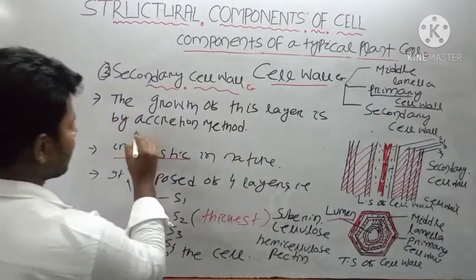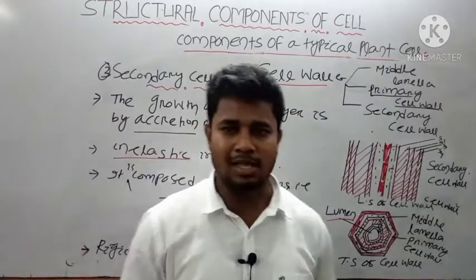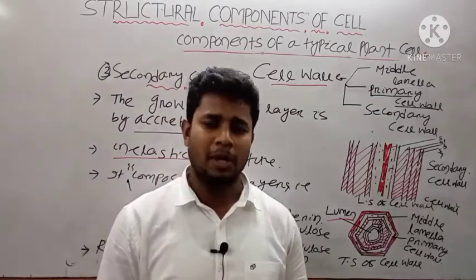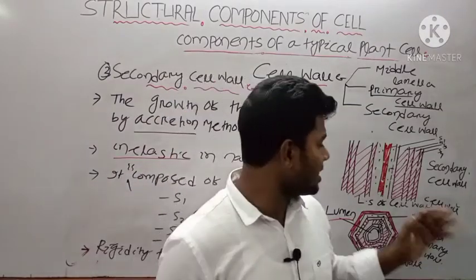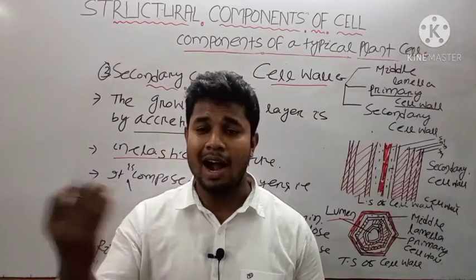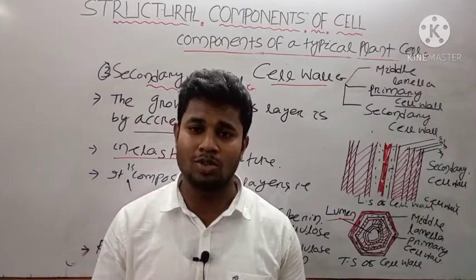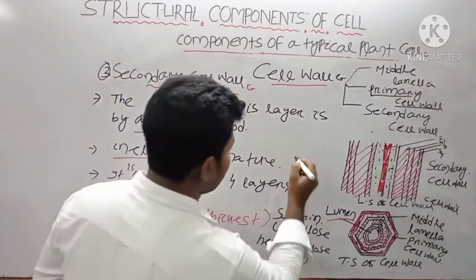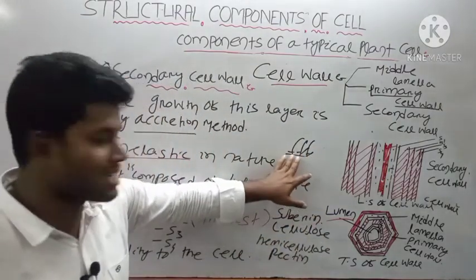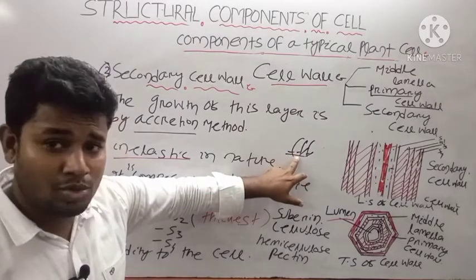What do you mean by accretion method? Accretion method is the addition of new layer among the previous layer. But here you can see intussusception, which is in the primary cell wall, that is addition of material like cellulose and hemicellulose in the existing layer. This is known as your intussusception method.